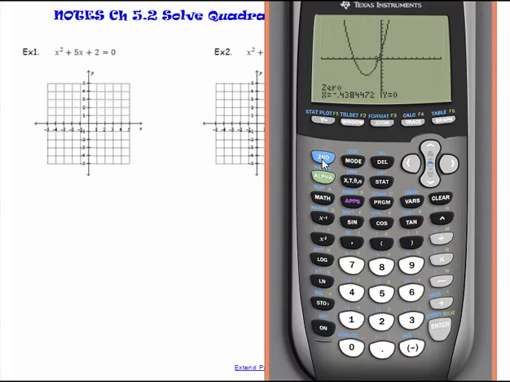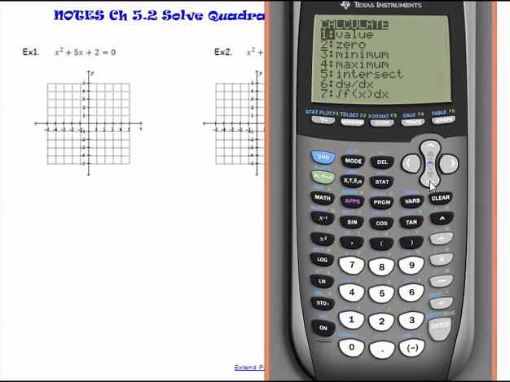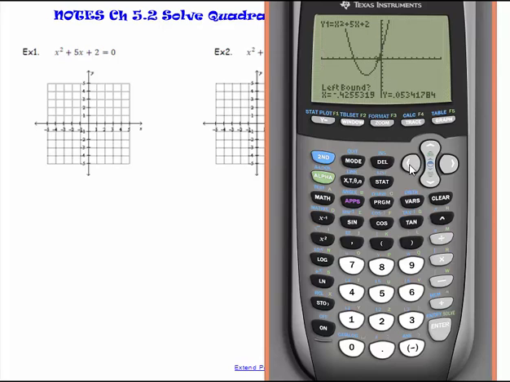Our second 0, we're going to do the same process and go second trace, 0. But now we need to move our cursor by going left or right over to where the other 0 is. But we don't just want to go to it, we actually have to pick a point to the left of it. So keep going to the left by pressing the left arrow, okay, and press enter. Then go to the right until you're past the 0.